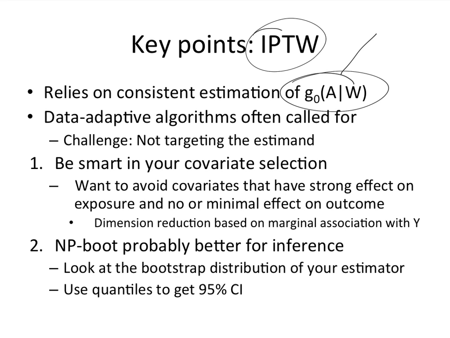We talked about the challenges of estimating the treatment mechanism data adaptively, in that it is geared towards doing a great job predicting treatment, and there are situations where that can do a terrible job estimating the parameter. For instance, choosing things that are called instrumental variables, variables related to treatment that are not related to the outcome independently. So you have to be smart in your covariate selection here, and again, I think these situations can often be avoided.